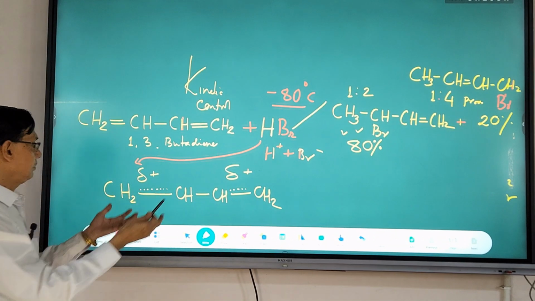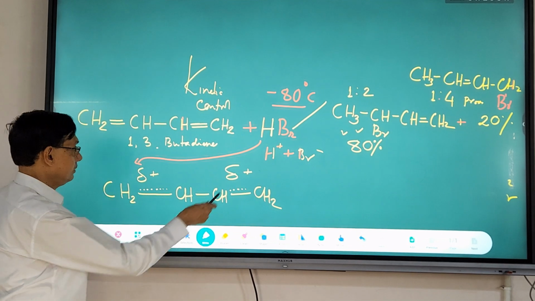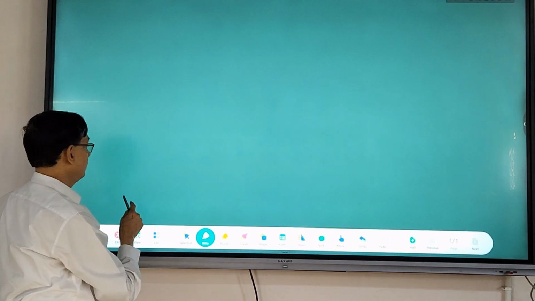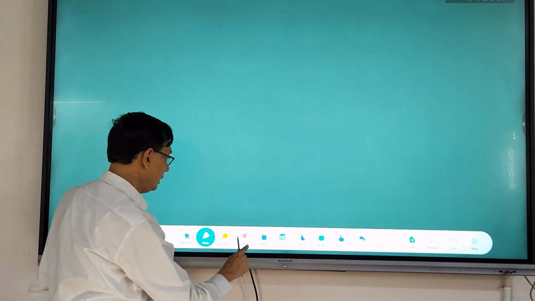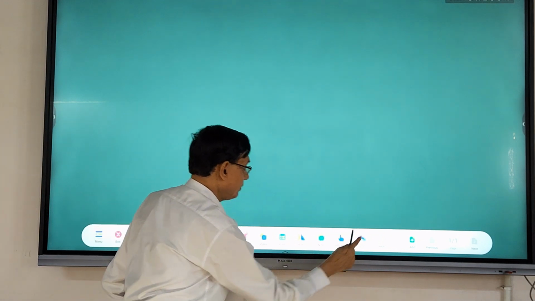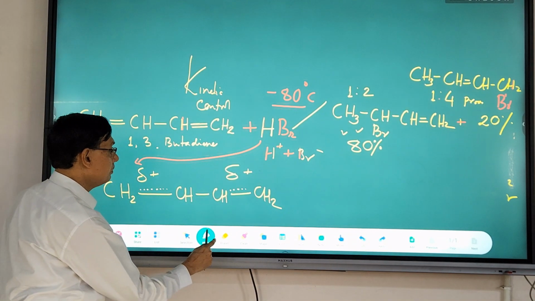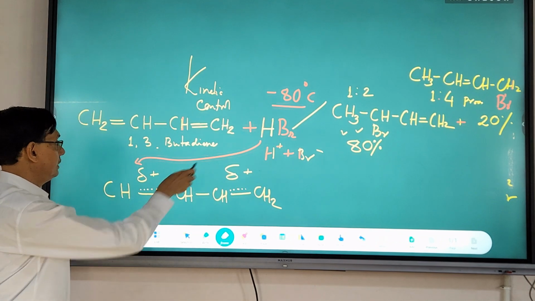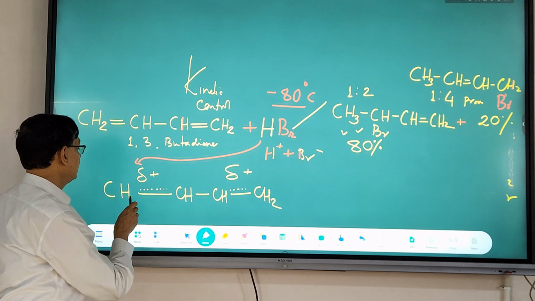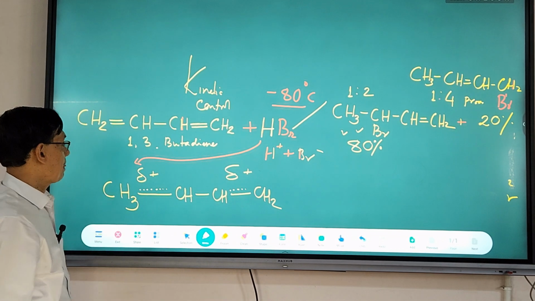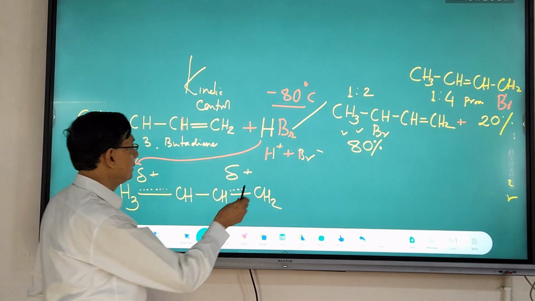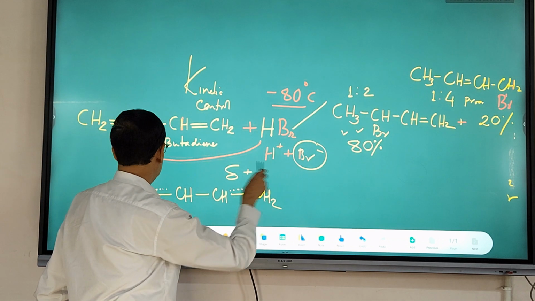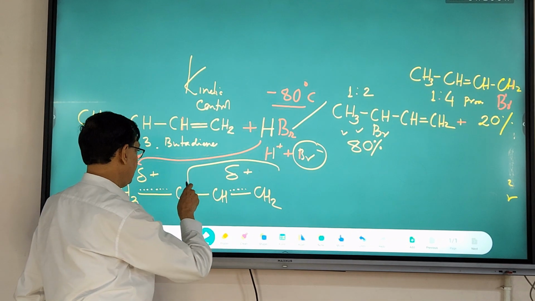It is called the allylic cation. So when this hydrogen is reactive, we can write this CH3. And then of course that Br is gradually coming into the picture and it will form that product.